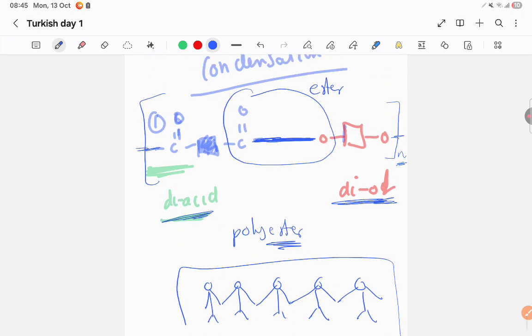So to make a polyester, which is a long chain, I need not just an acid, I need a diacid and a dialcohol, two-handed alcohol, two-handed acid. Then they can join together to make a long chain called a polyester.